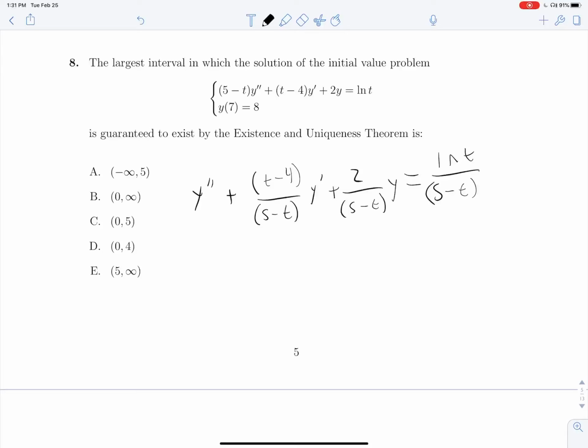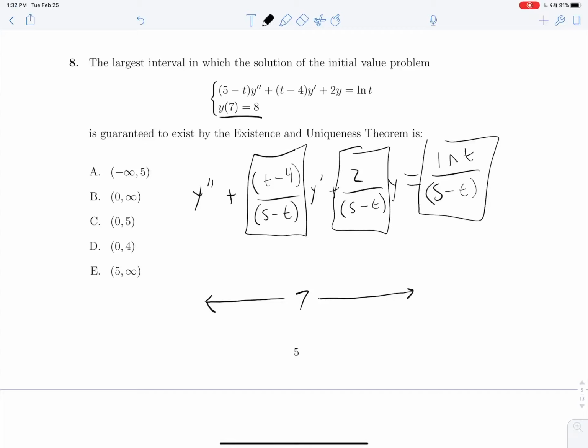5 minus t. Given that our initial condition is at t equals 7, we are looking for the largest distance that we can head to the left and to the right without hitting any of the discontinuities for any of these functions.